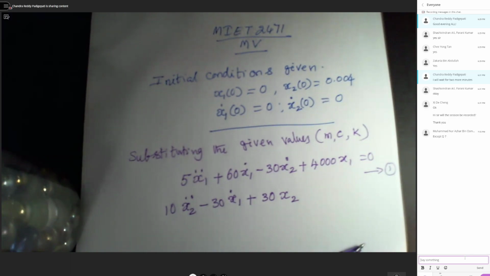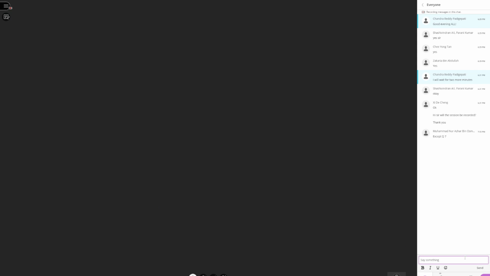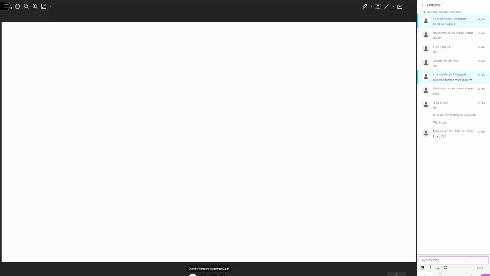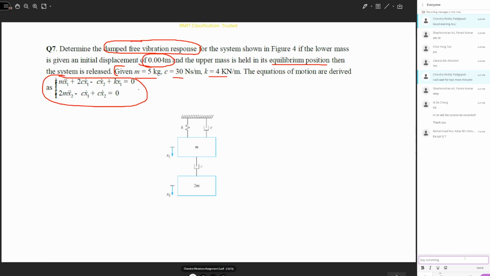Let me check the given values again. Okay, m is 5 kg, c is 30 newton seconds, and k is 4000 newtons per meter.